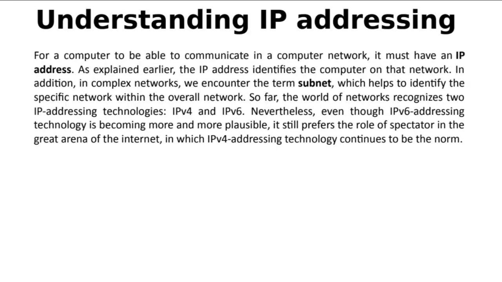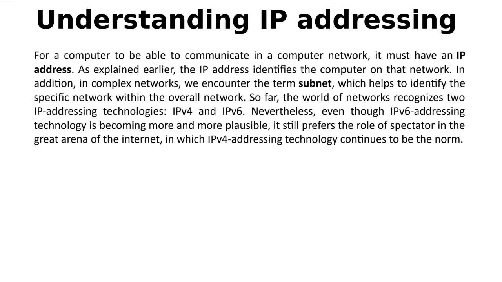And we have also something called a subnet. A subnet is the address of a network. One part of your network, we are dividing your network into sub-networks, so we call it a subnet, which helps to identify the specific network within the overall network.